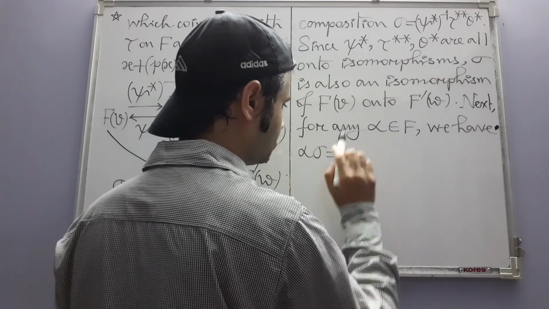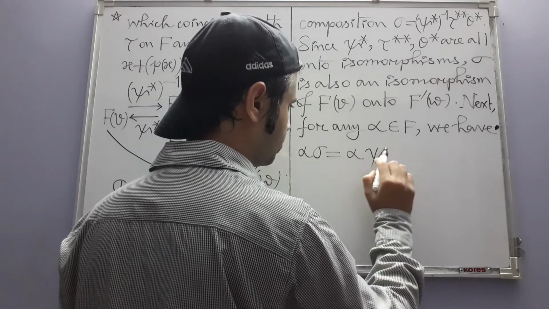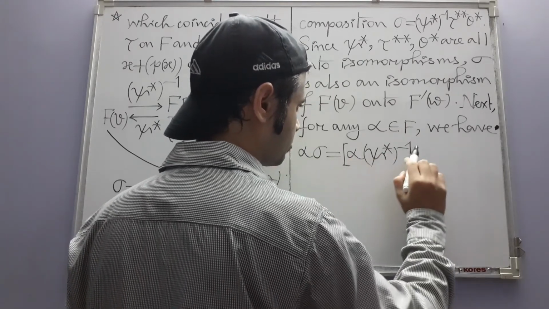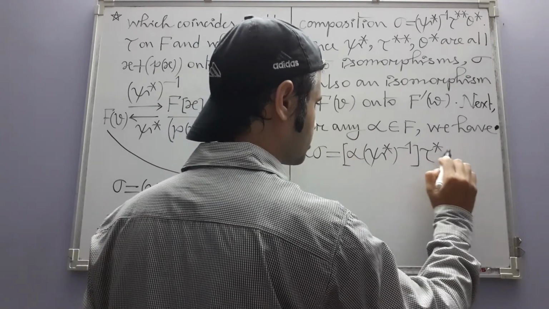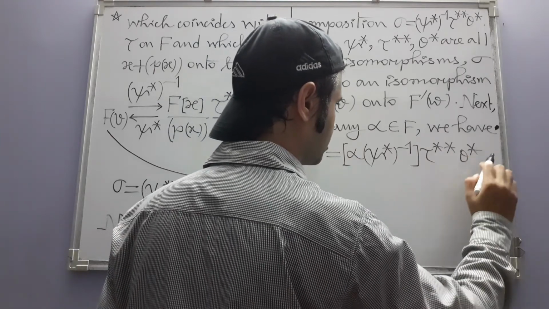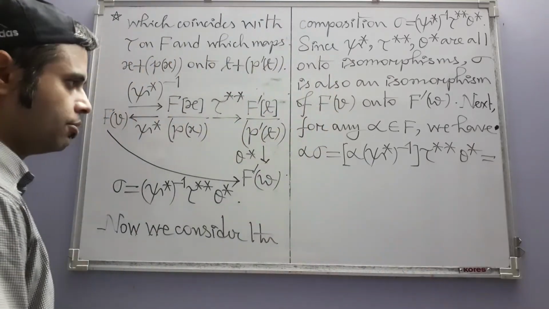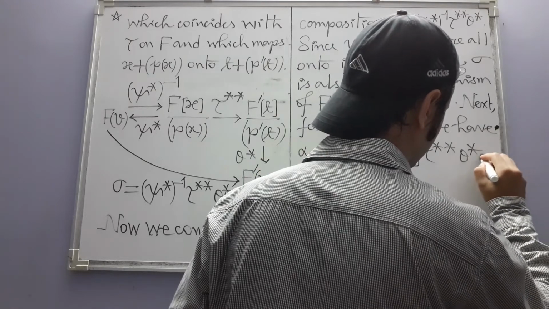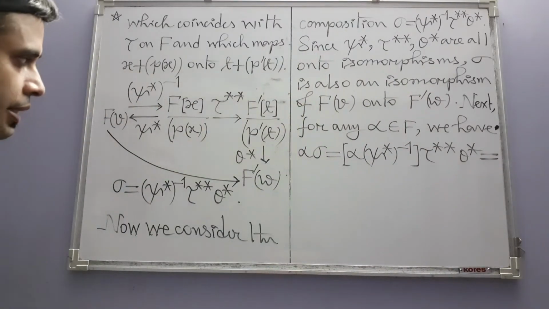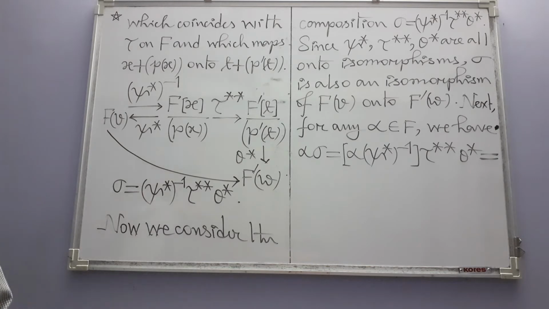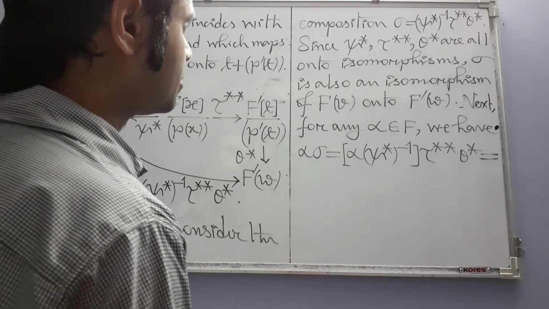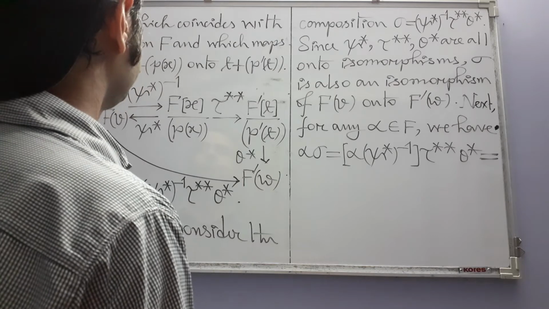So alpha sigma means alpha psi star inverse tau star star theta star. So what is it going to be? So we need to recall the things. What were the properties of psi star?